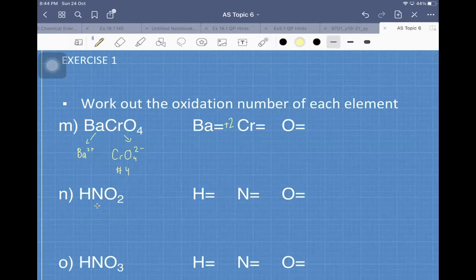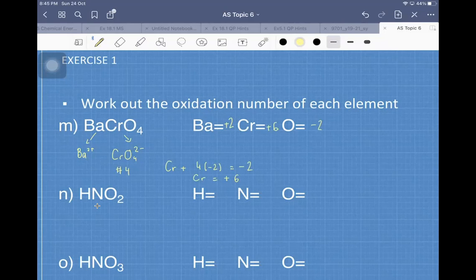Between chromium and oxygen, oxygen is more electronegative, therefore oxygen will have the negative oxidation number of -2. So to work this out, chromium plus 4 lots of oxygen, which is -2, is equal to -2, based on rule number 4. So chromium should work out as -2 plus 8, which is +6. Okay, moving on.